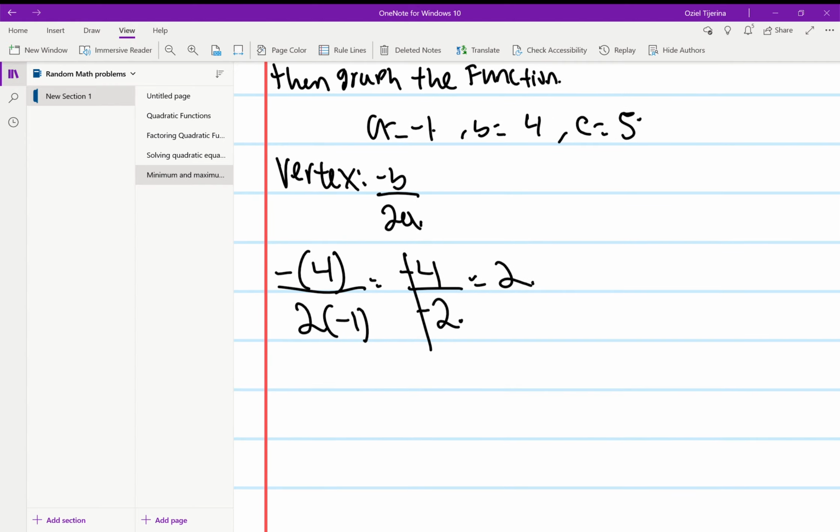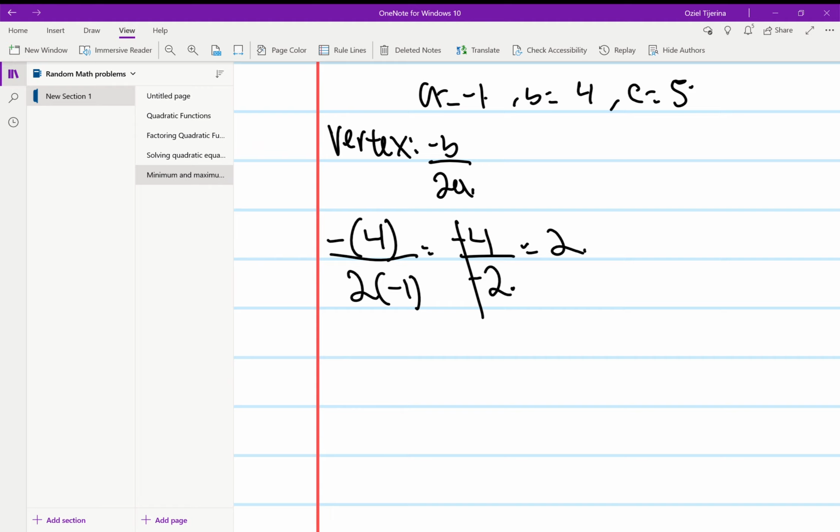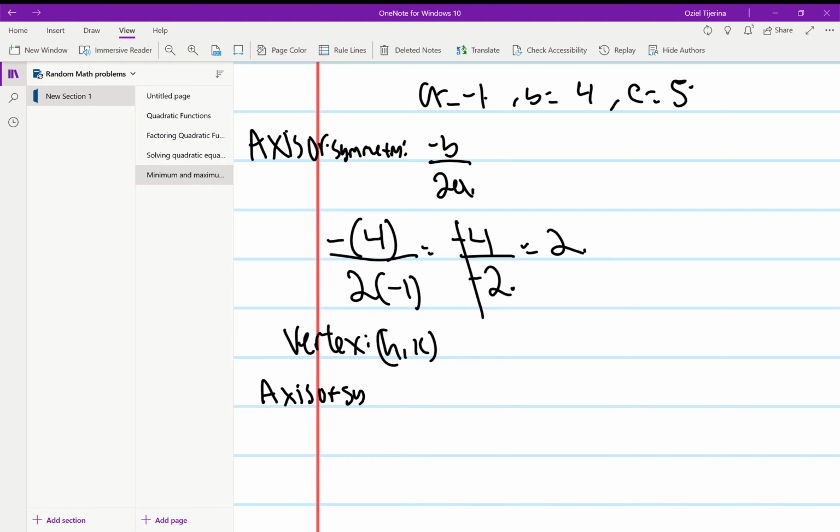So then, to find our vertex, or sorry, this is our axis of symmetry. My bad. Our vertex is (h, k), and the axis of symmetry is x equals h.